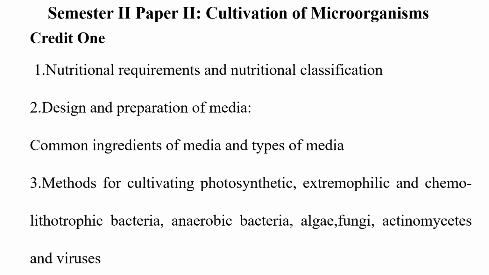Anaerobic bacteria are those bacteria which grow in the absence of oxygen. In addition, what are the different methods by which we can cultivate algae, how we can cultivate fungi in the laboratory, as well as actinomycetes, and the different methods of cultivation of viruses.